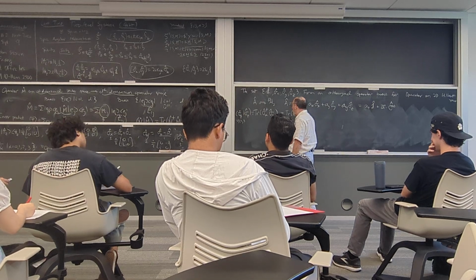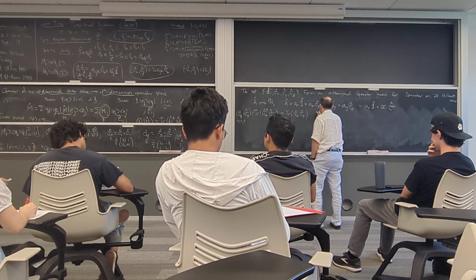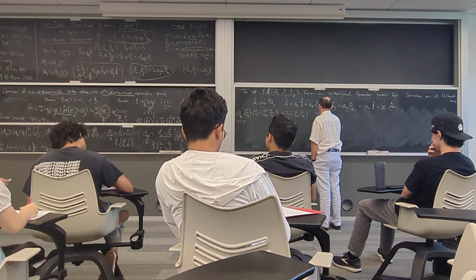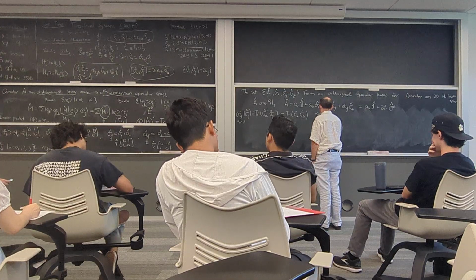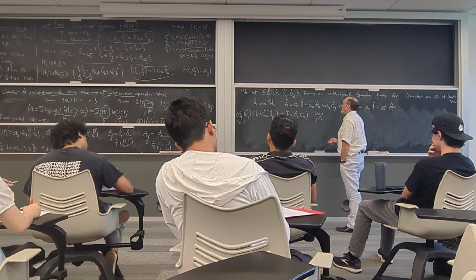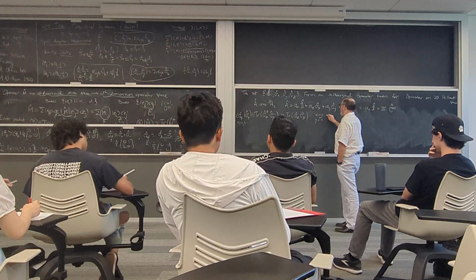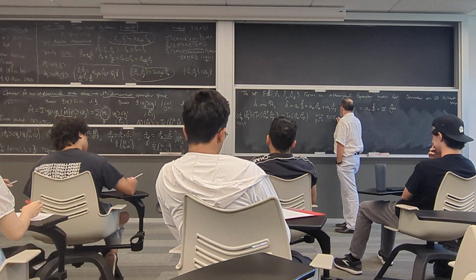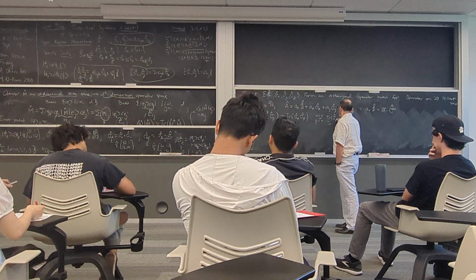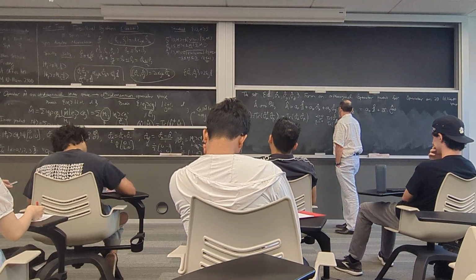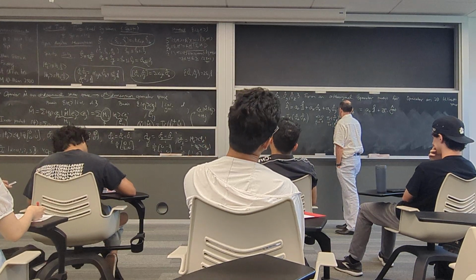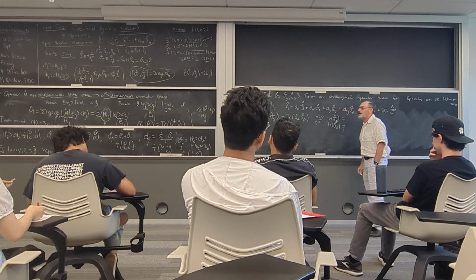If alpha or beta is 0, then I get the trace of sigma beta or the trace of sigma alpha. What is that trace? 0. Yeah.